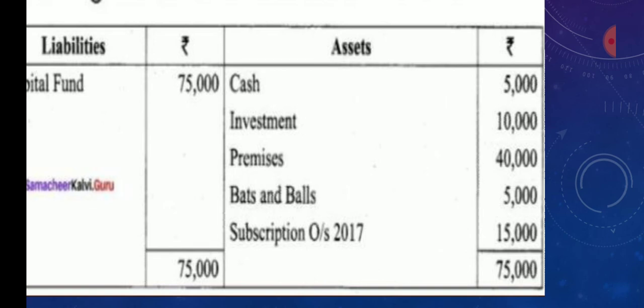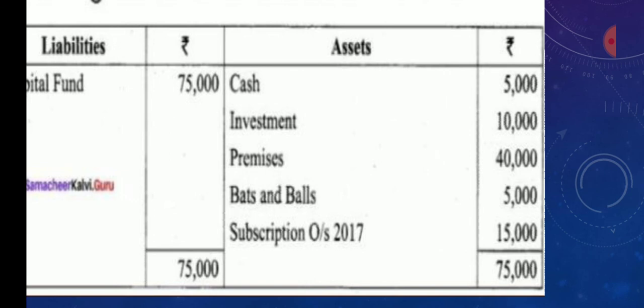Students, listen carefully. The subscription outstanding 10,000 for 2017 is in the income and expenditure account, plus the 5,000 additional information, still due for 2017. So 10,000 plus 5,000, totally 15,000 is the outstanding subscription for 2017.